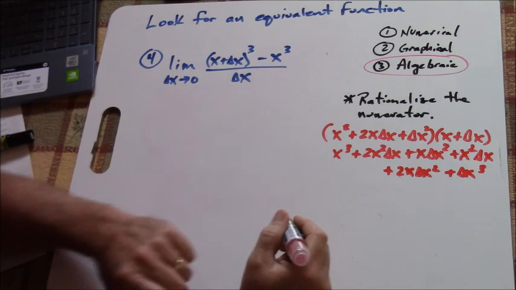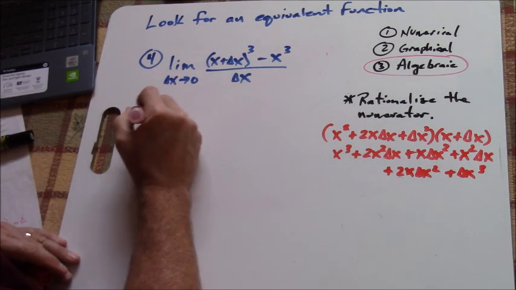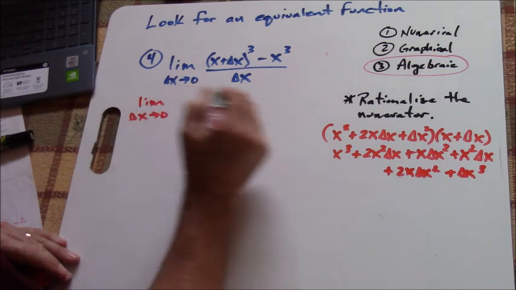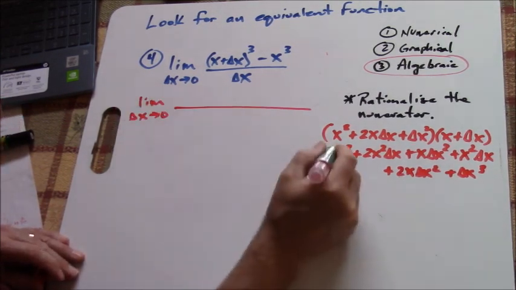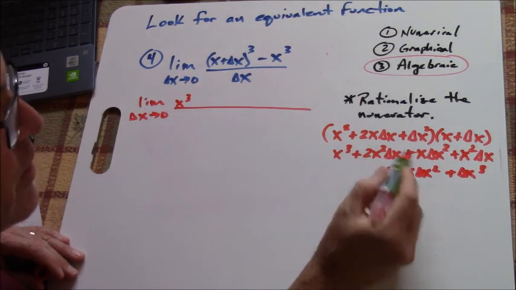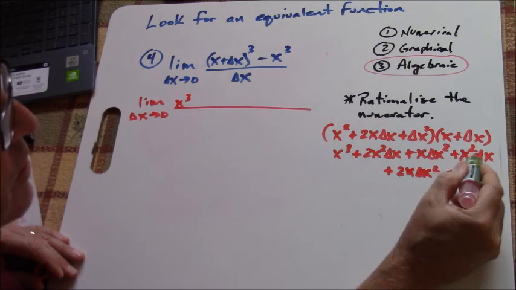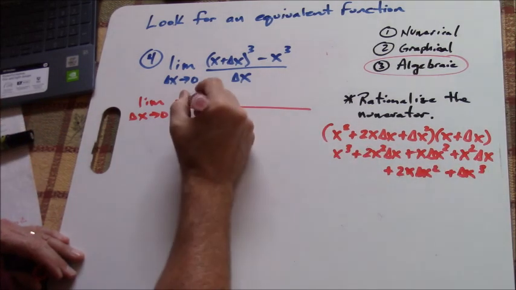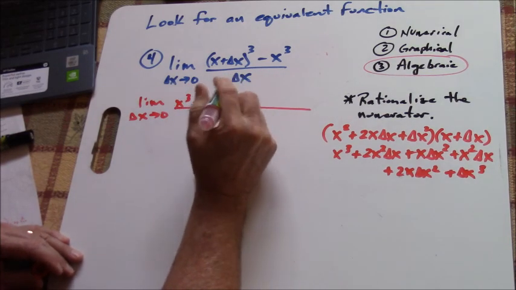And then I just got to add up like terms. So I now have the limit as delta x approaches 0 of, let's see what we get here. I've got an x cubed, 2x squared delta x. Here's another x squared delta x term. So 2 of those plus 1, that makes 3. So 3x squared delta x.